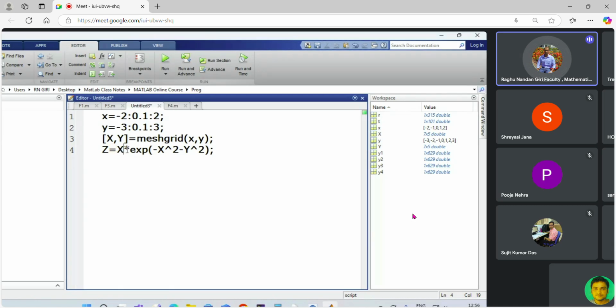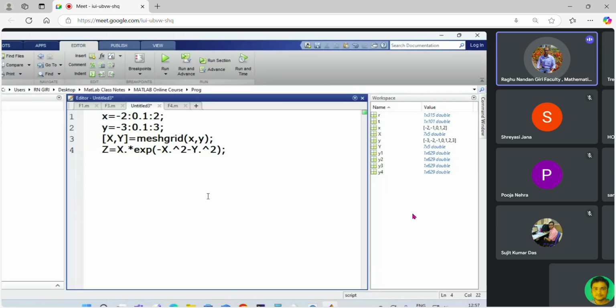But see, this is the operator I already told you about. Star and exponent are basically matrix operators. For element-wise operation, you have to put the dot before the star, and it is also dot for the power.